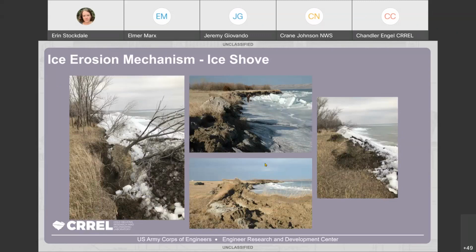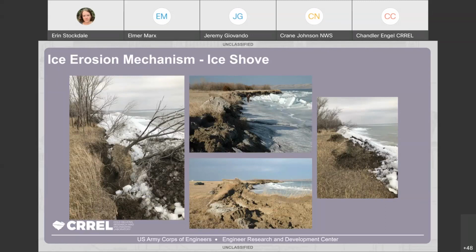So ice shove. Perhaps this is something that you've seen or had to deal with in the past, but essentially the ice will meet the shoreline, and instead of riding up on the shoreline, it has the compression force that pushes the root mat up.